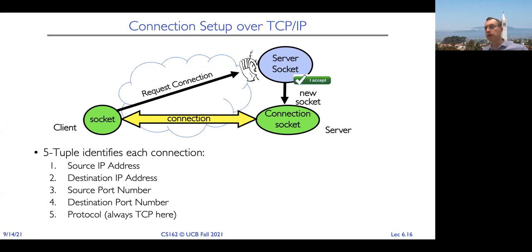Then you have the port numbers: the port number of the process that sent the data, and the destination port number, the port number of the process that receives the data. And then your protocol type. Here the protocol type is TCP in this lecture, but like we discussed, you can also have UDP, User Datagram Protocol. Okay, let me see, there's another question.